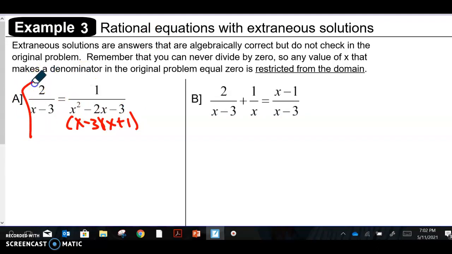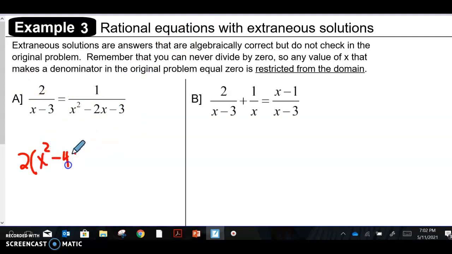So actually, I'm just going to cross multiply this one since it's just a fraction equals a fraction. I didn't really need to factor it since I'm just cross multiplying. 2 times x squared minus 4x minus 6. I took the 2 times it, so I don't need the parentheses. Getting nervous because it's almost time.